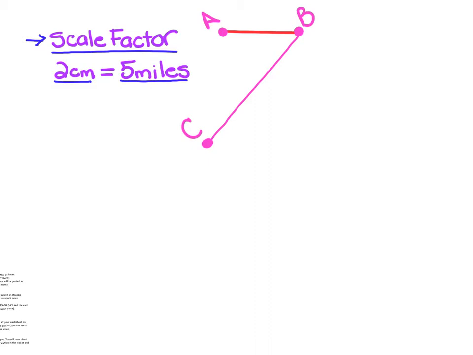This is where you're going to calculate your rate or your unit rate. Let's take 5 miles and divide by 2 centimeters. 5 miles, y, our y value, divided by 2 centimeters means our rate, our k value, is 2.5, which means every centimeter is equivalent to 2.5 miles.